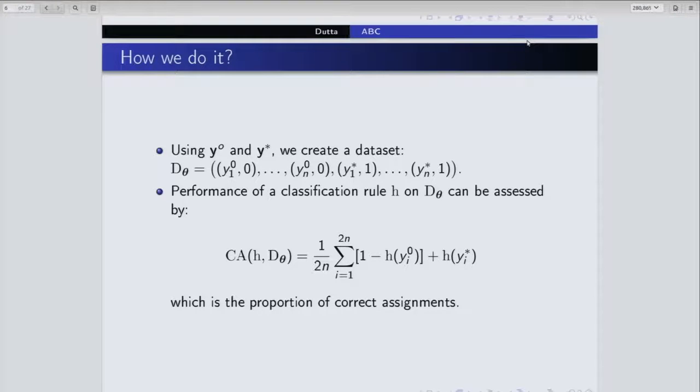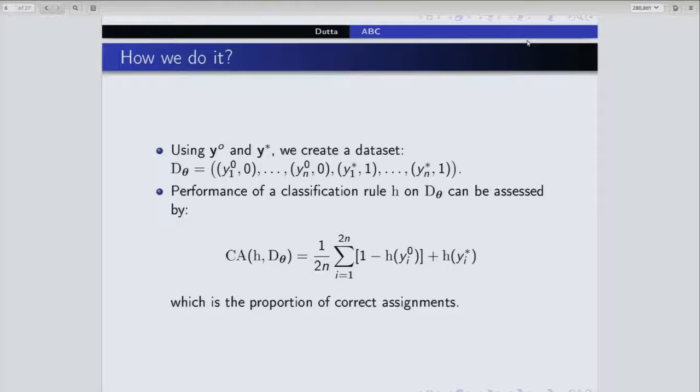You can see that this gives you the classification accuracy, and you want to estimate this quantity. We use cross-validation and other methods to estimate the classification accuracy. I'm not getting into the details, just trying to give you the flavor. If you're more interested in the details, look into the paper. But the main idea here is that this is the proportion of correct assignments. If your proportion is very high, then you get a very good classification.